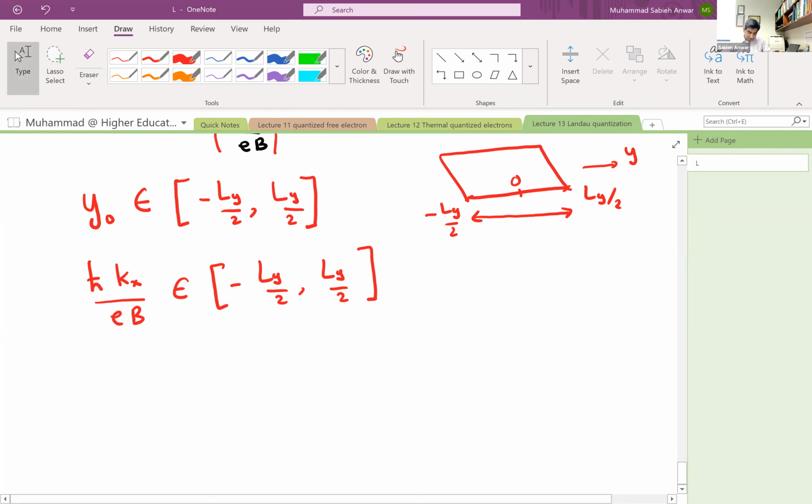Now, what we could do is the following. My kx has to be between minus eB Ly over 2h bar and eB Ly over 2h bar.